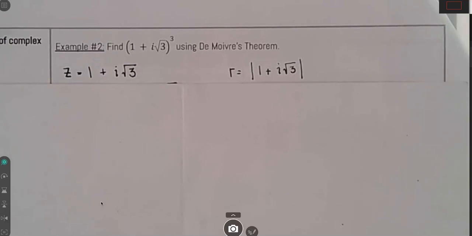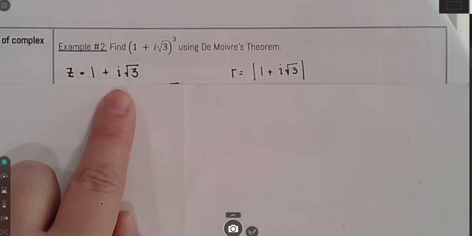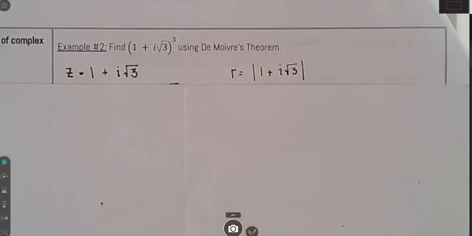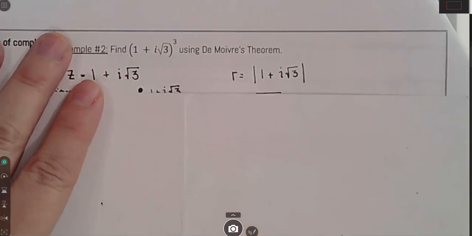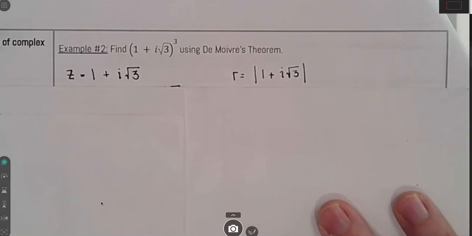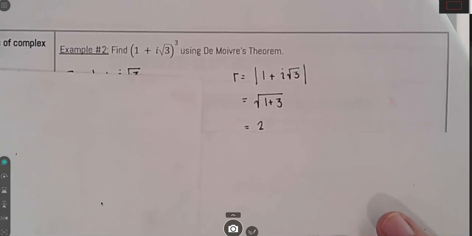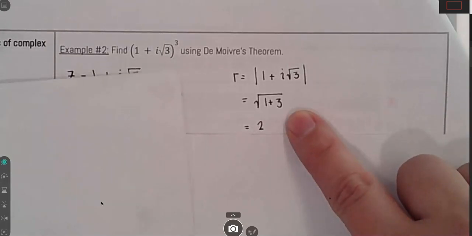This says, find 1 plus I root 3 cubed. So in this case, our z is going to be 1 plus I root 3. To find r, this is not absolute value. This is the distance formula.